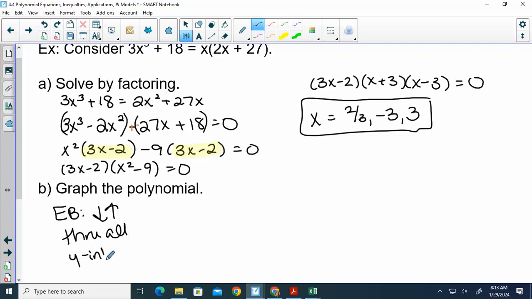Y-intercept. If you put in 0 for all of our x's, let's go maybe even in our factored form, might be the easiest place to look. If I put in 0, we would have a negative 2 times 3 times negative 3, and we get 18.